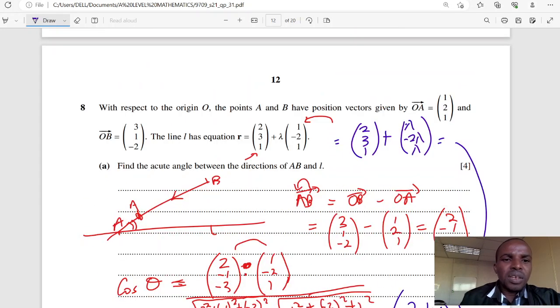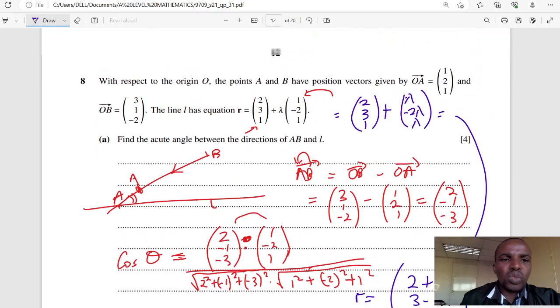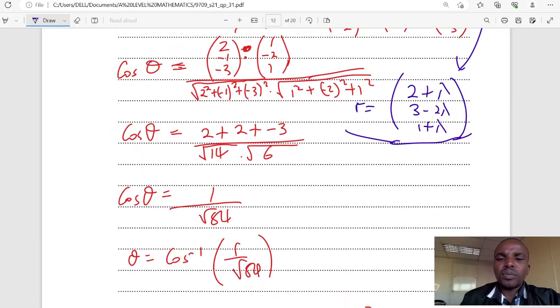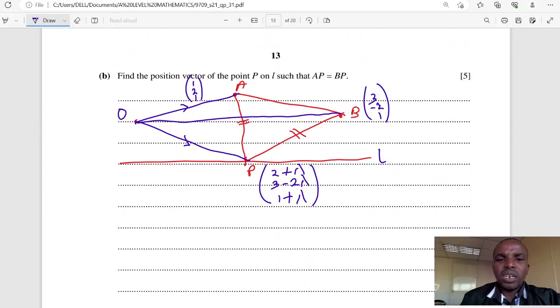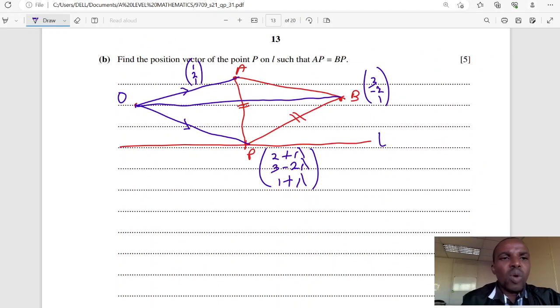OB is (3, 1, -2), right? Then I have to find the position vector of P, which means I have to find my lambda in this case. After finding lambda, I substitute, then I can find the position vector of P, that's OP.